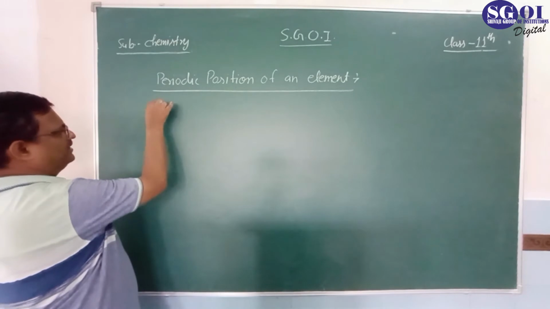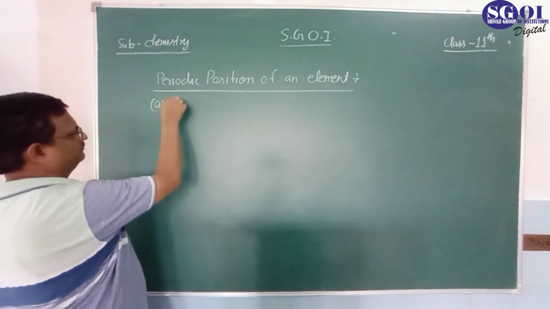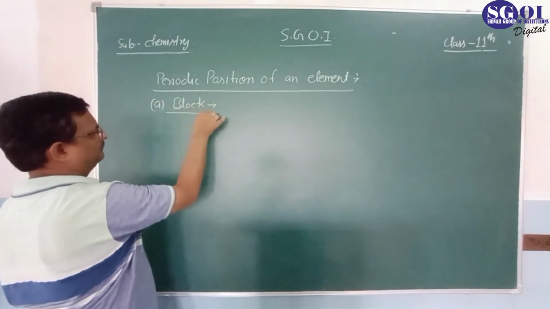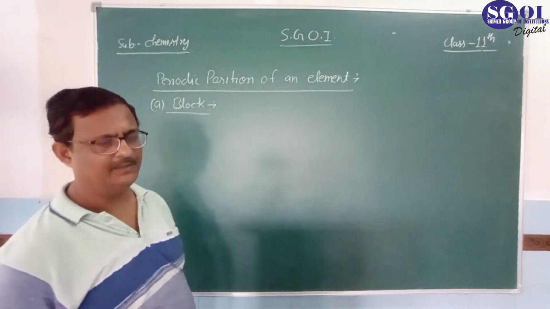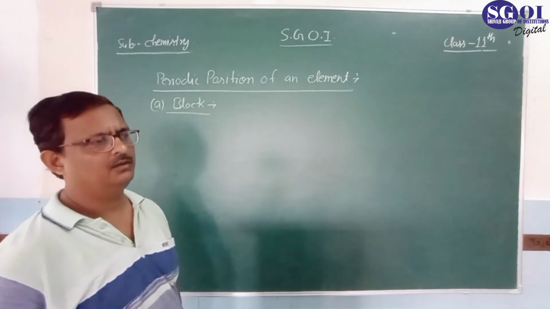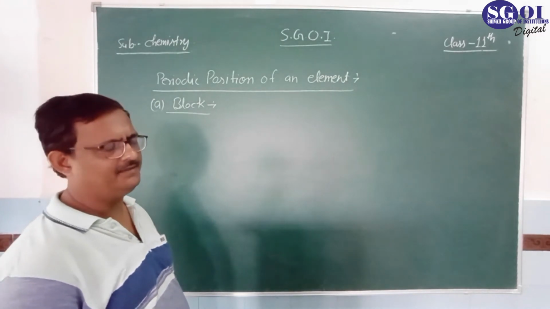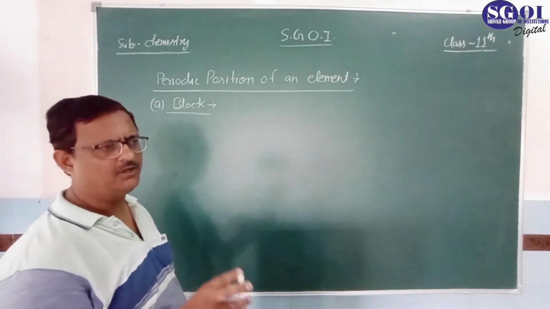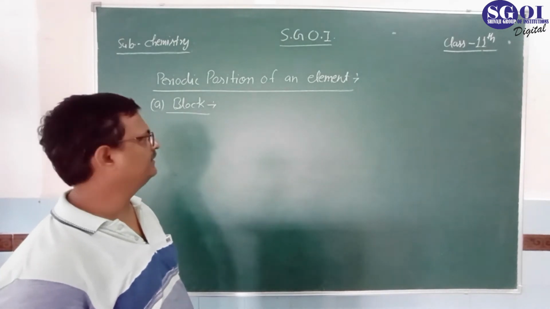So the first rule is for the block. Block of the element. On the basis of block division, there are four types of element.